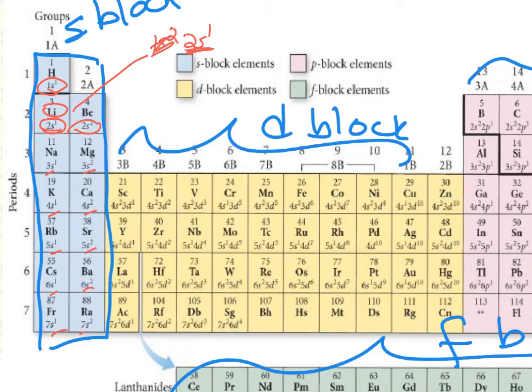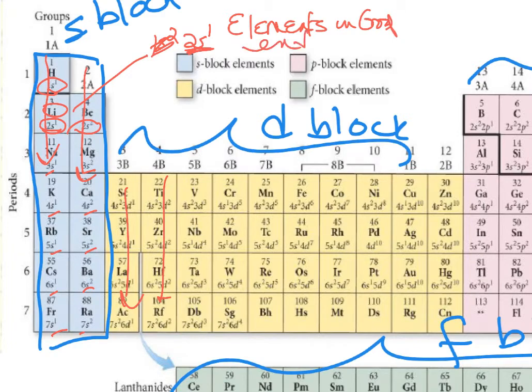So what pattern do you see going down any group? All of the elements in a group, in the same vertical group, end with the same electron configuration notation.